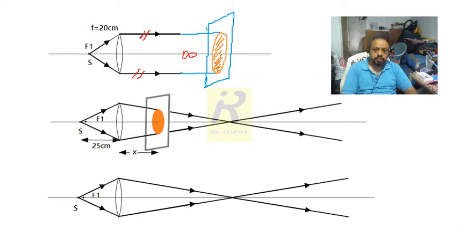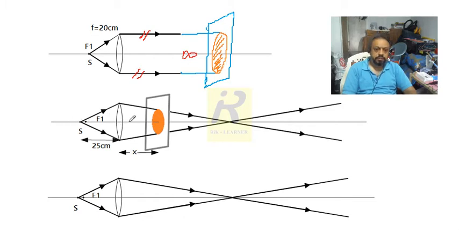But now the question is something different. They are placing the source beyond f1. f1 is at a distance 20 centimeter from the lens, and the point source S is at 25 centimeter from the lens, so it is beyond f1 to the left.